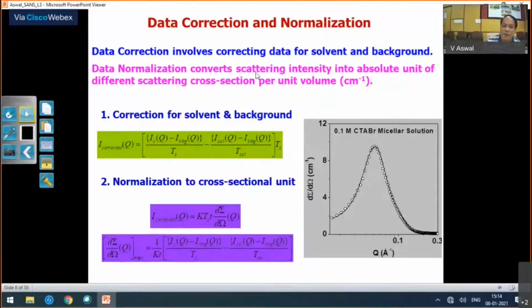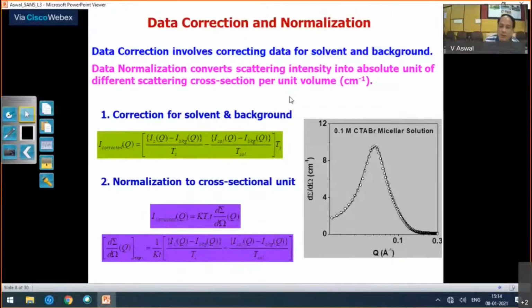Now, once you have prepared the right samples and also done the measurements, what is important is that you correct the data properly. Because as you measure your scattering intensity in the transmission geometry, there will always be transmitted beam contribution in the scattering you measure, and obviously there will always be background in the sample.